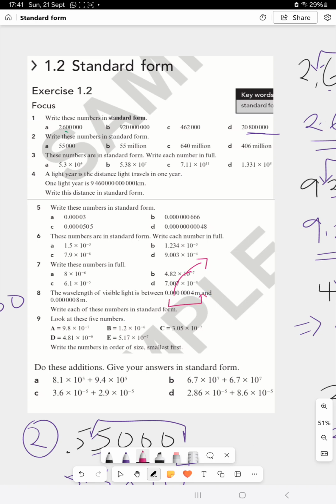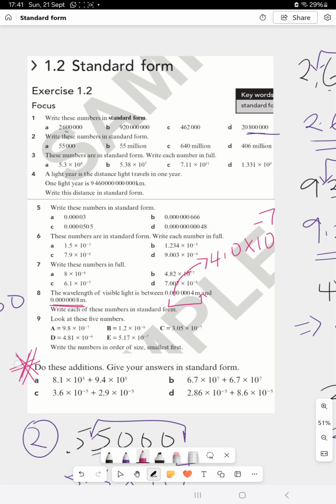So it will be 4.0 times 10 raised to negative 7. And the same applies to this one. For this one again, you can also try this.